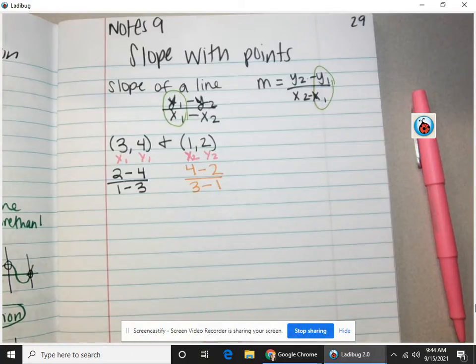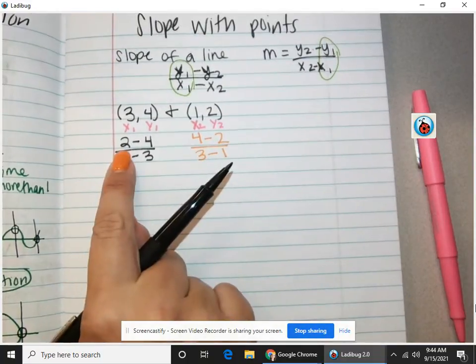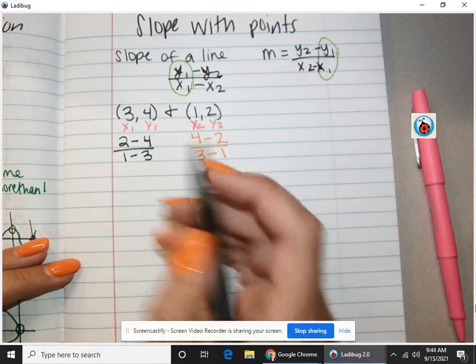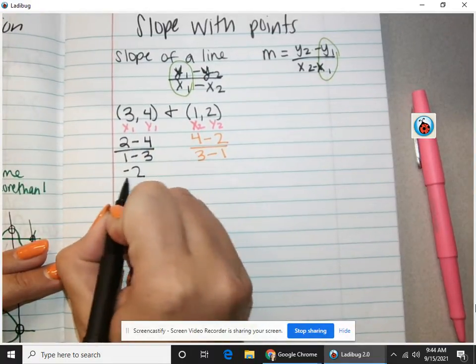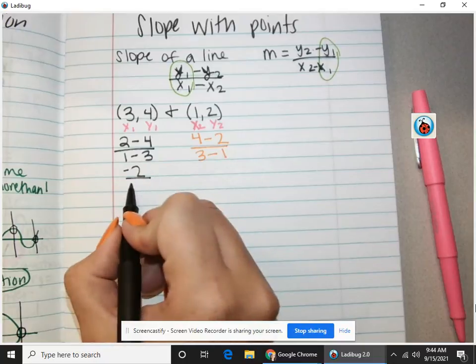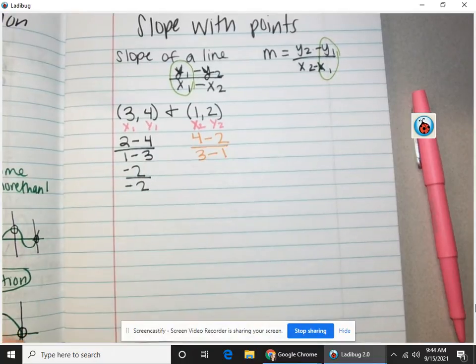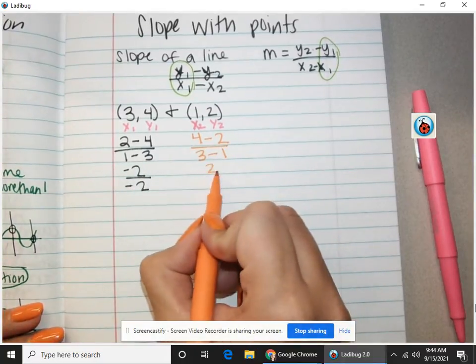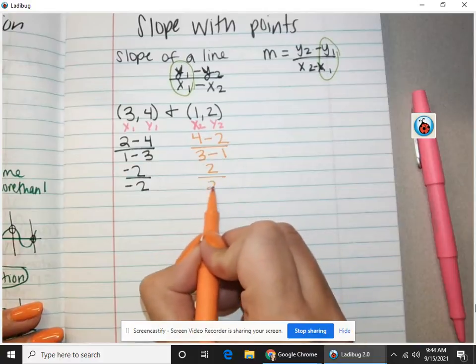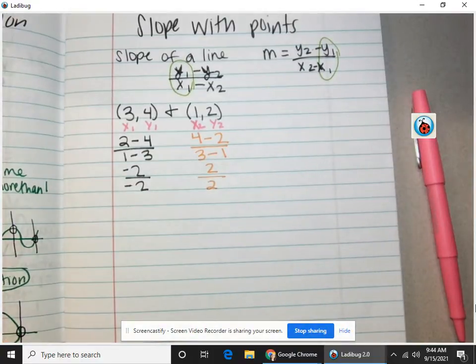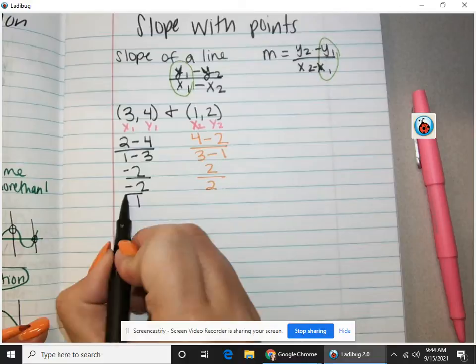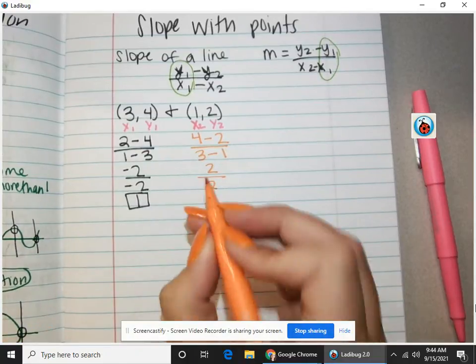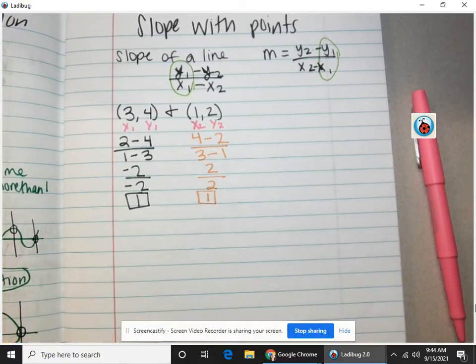So once I do that, I can start reducing. 2 minus 4 is negative 2. 1 minus 3 is negative 2. 4 minus 2 is 2. 3 minus 1 is 2. And they both reduce to the same answer of 1.